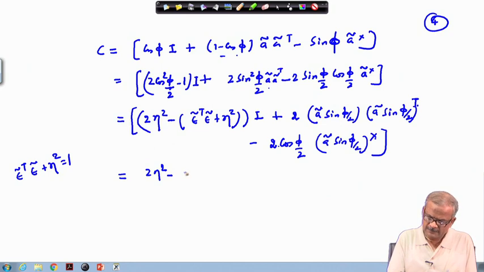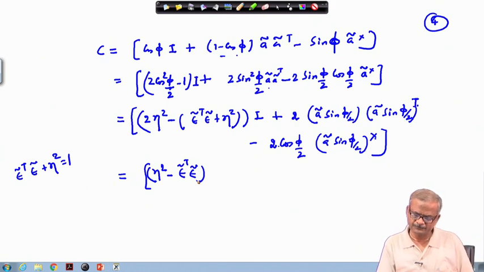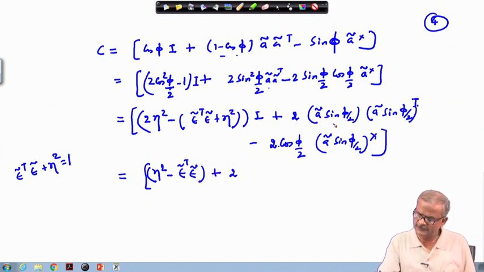To eta square, from here we get this 2 will go, this eta square minus epsilon tilde transpose times epsilon tilde plus 2 times this quantity is nothing but epsilon tilde, so epsilon tilde times epsilon tilde transpose, minus 2 times this quantity is eta.